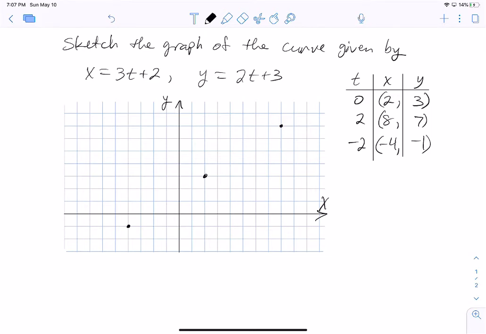Now when we plotted these, the first one was actually in the middle. The second one was farther on the right and above, and the third one was farther on the left and down. But that doesn't matter. What matters is, in order of increasing t, we have points that move along this line in an order.